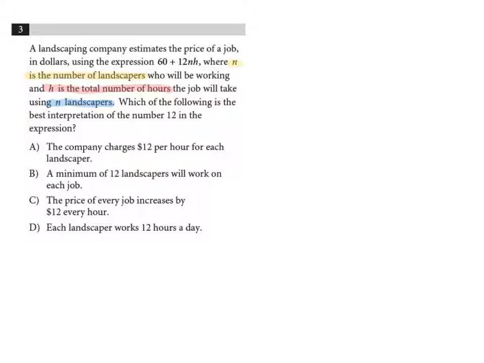Okay, well, if we have N number of people working on a job for H hours, the total hours is going to be the number of landscapers times the hours that they work.